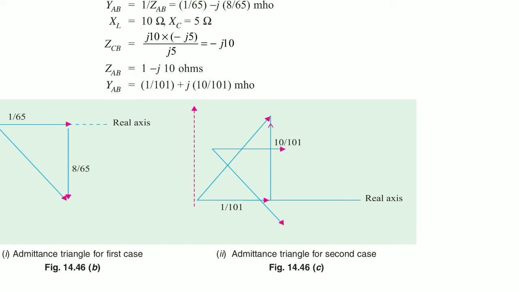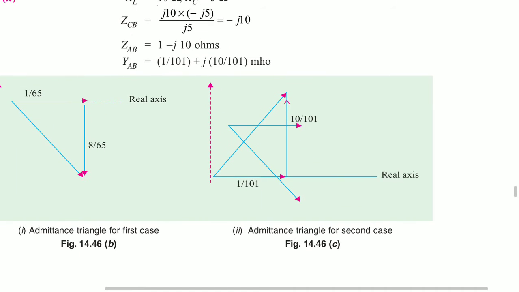Here it is positive, so the susceptance is on the imaginary axis in the upward direction, and the conductance is on the real axis, the x-axis. The resultant of the conductance and the susceptance gives the admittance of the second case.